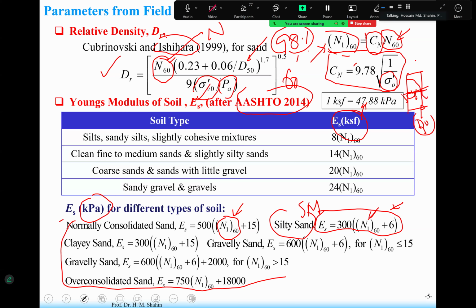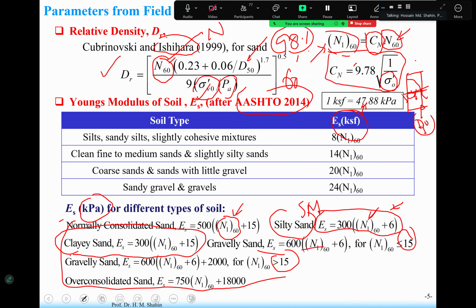Then clay sand, if it is clay sand, use this. You should see whether clay sand is written in your report. It's written. Then gravelly sand, I think there is no gravelly sand. But if there is, you have to use this equation, and then N60 greater than 15 and N60 greater than 50, there are two equations.